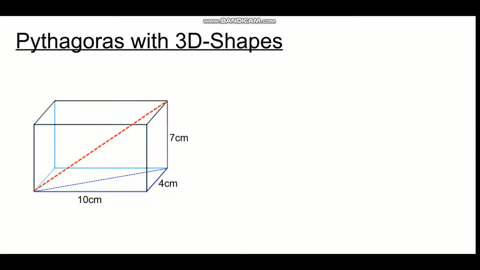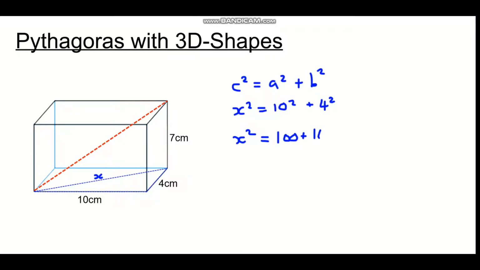In order to get that side, x, we are going to use Pythagoras theorem for the longest side of the triangle. So c squared equals a squared plus b squared. x squared, which is our missing side, is equal to 10 squared plus 4 squared. x squared is equal to 100 add on 16. x squared equals 116, adding those two things up.